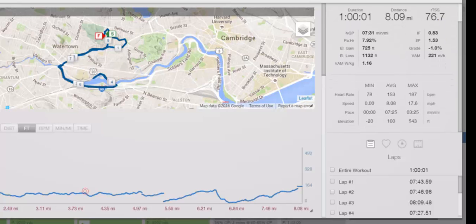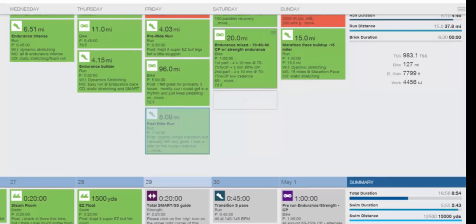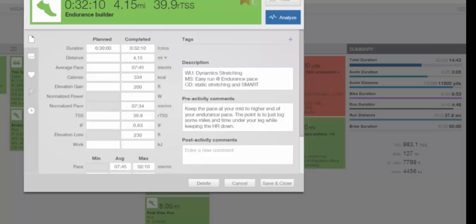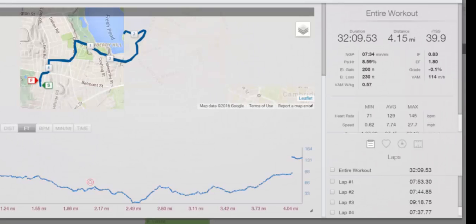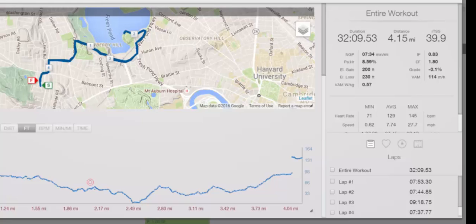But because she ran 7:25s, which is 83% for 1 hour, her training stress score is only 76 points. So if you look back at your different runs, you can see this one was a 32-minute run. She was running 7:45s, which is only 83% of her threshold. So that means that for that activity, she logged 39.9 points.